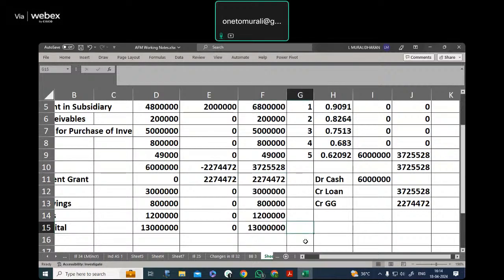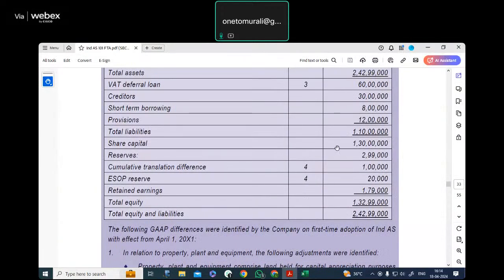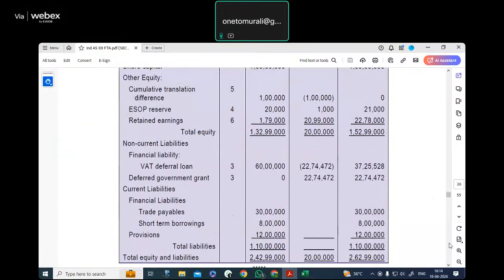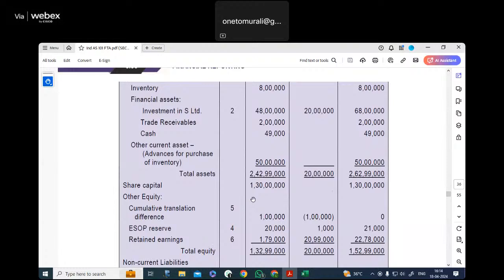Correct. So we have come to the stage of share capital. Now let's see how they have done. So share capital.